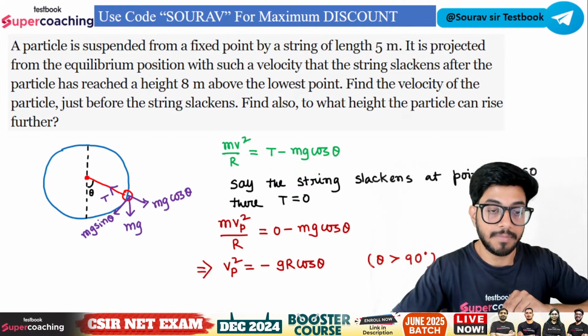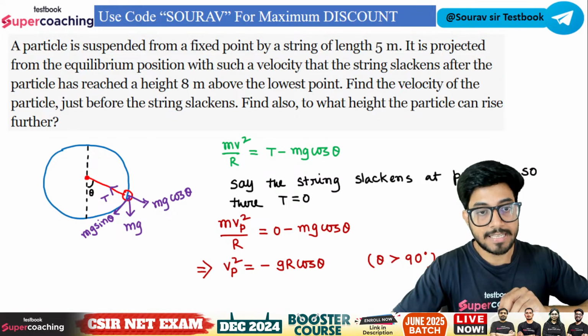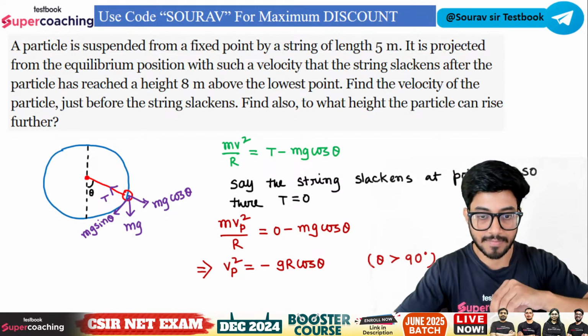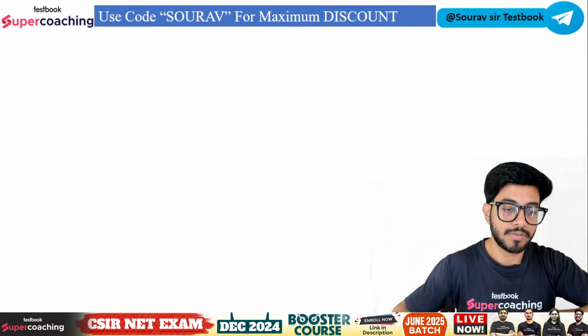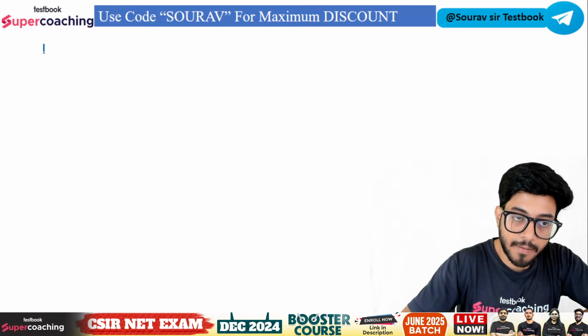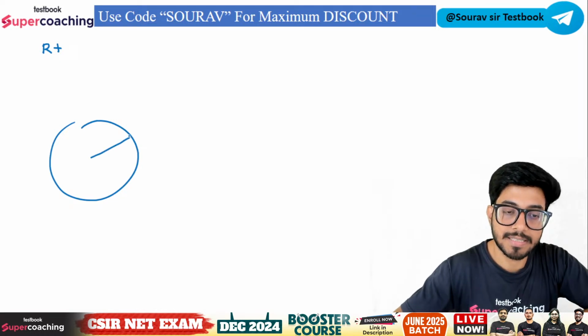Now tell me, what can you say from this equation? They say from the ground at a height of 8 meter, the string slacks. So I know for sure that at this point the string slacks.